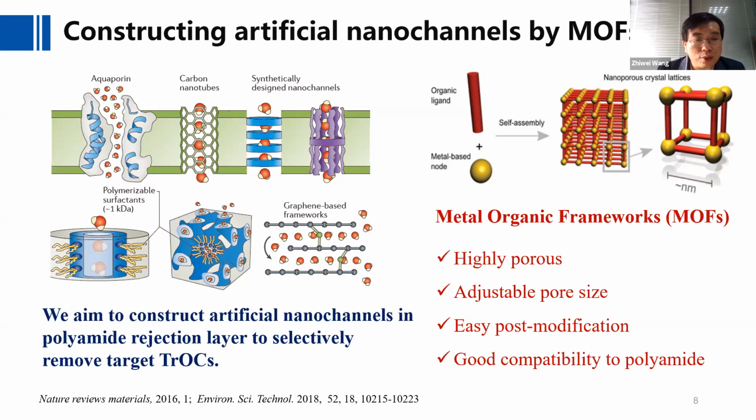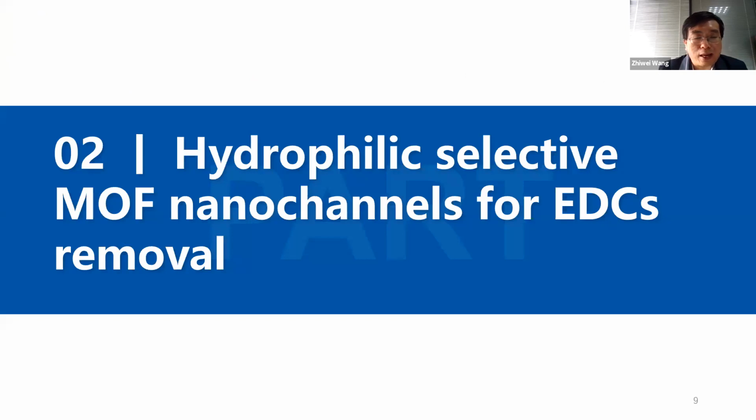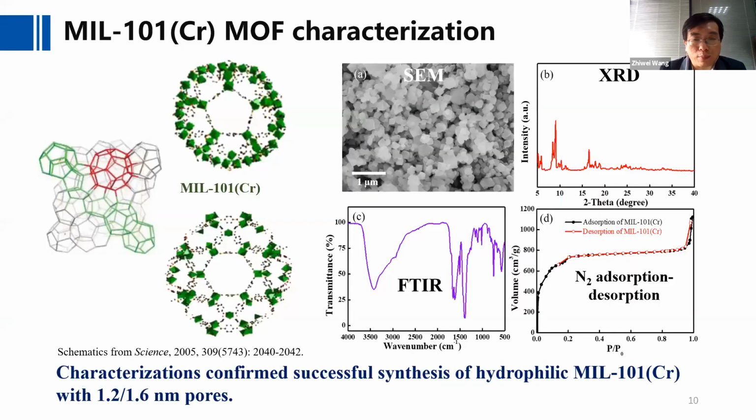So we aim to construct artificial nanochannels in the polyamide active layer to selectively remove those trace organic contaminants. In the first part, we construct a hydrophilic selective MOF nanochannel for EDCs removal in the nanofiltration membranes.